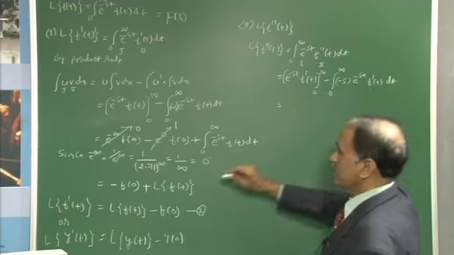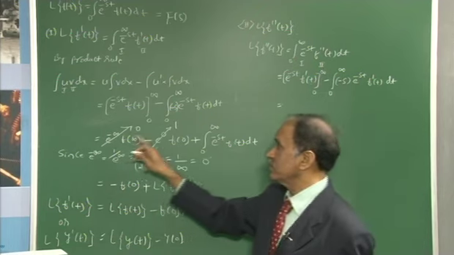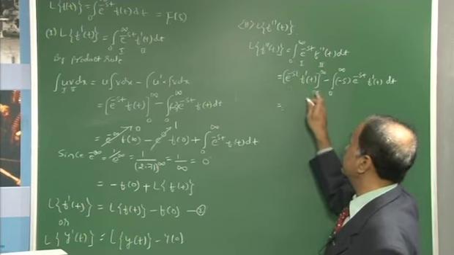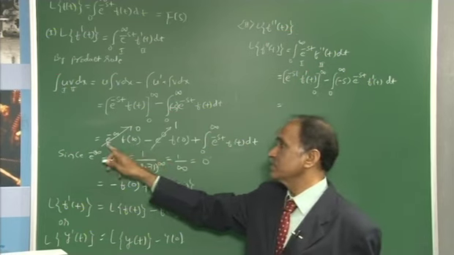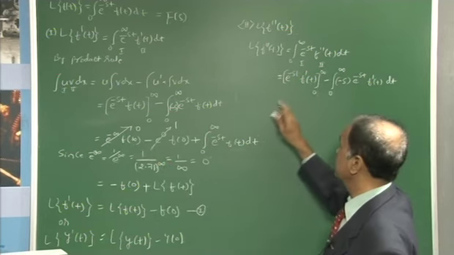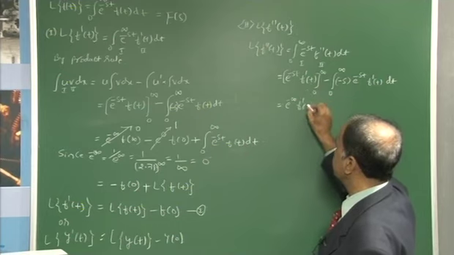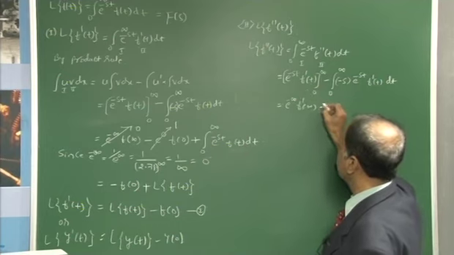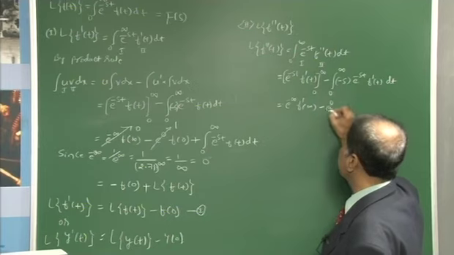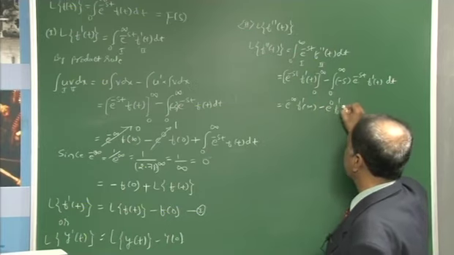Now, I already told you that when you are replacing t by infinity and t by 0, this is e to the power minus infinity and f dash of infinity, and for the lower limit e to the power 0 into f dash of 0.